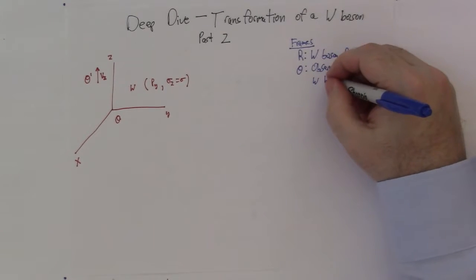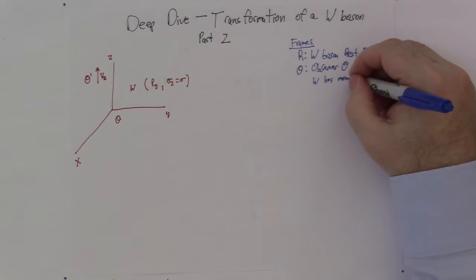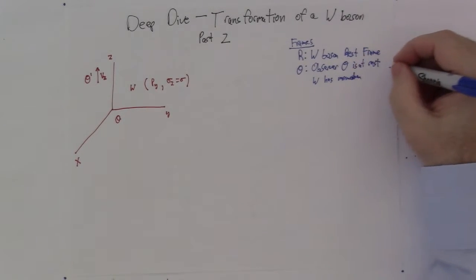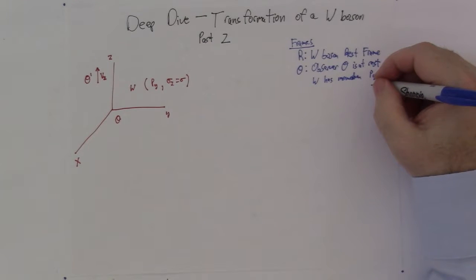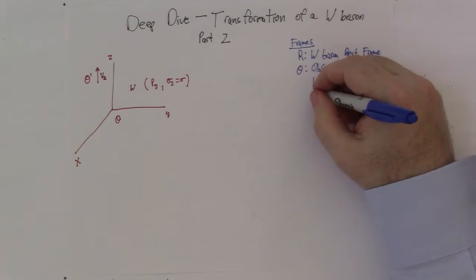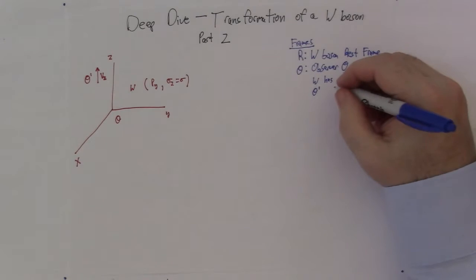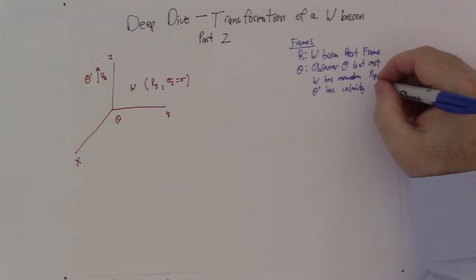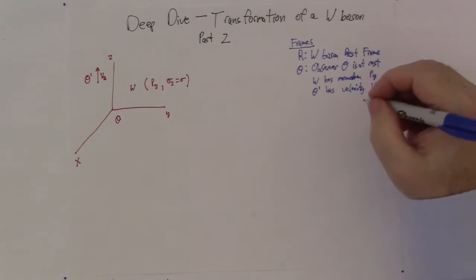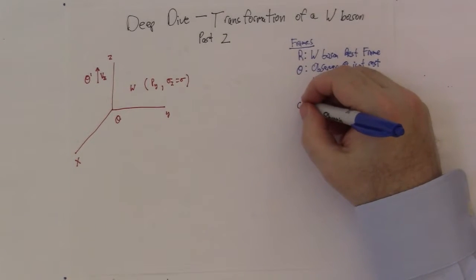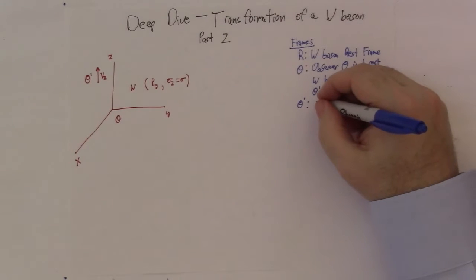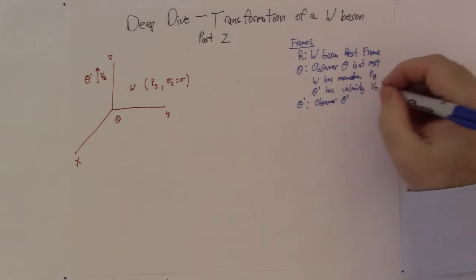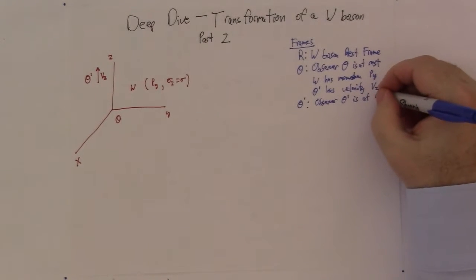W has momentum exclusively in the Y direction, Py, and O prime, the observer O prime, has velocity Vz. O prime, his reference frame, is observer O prime is at rest by definition.